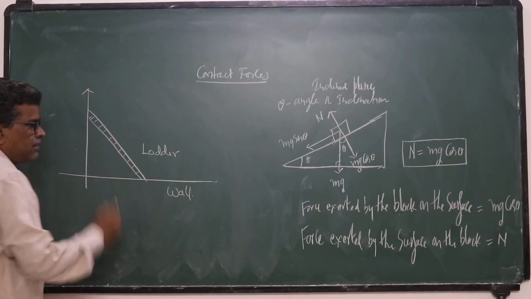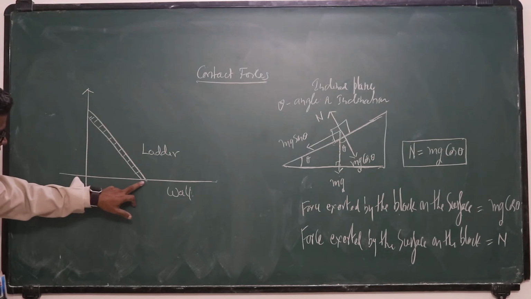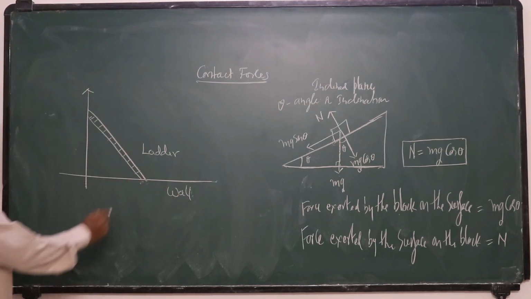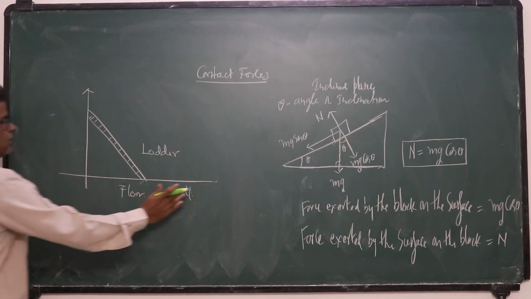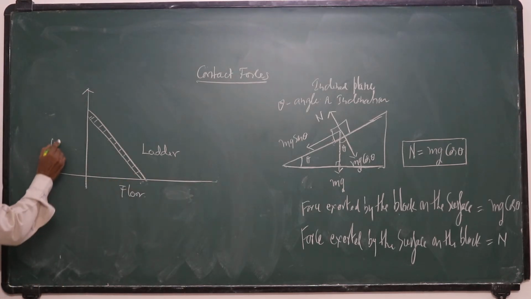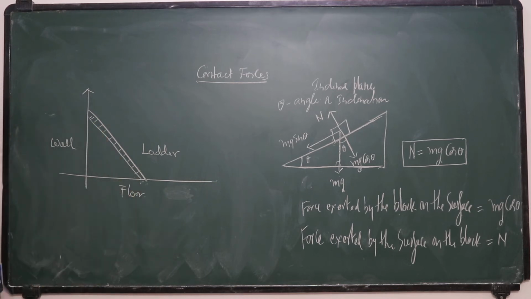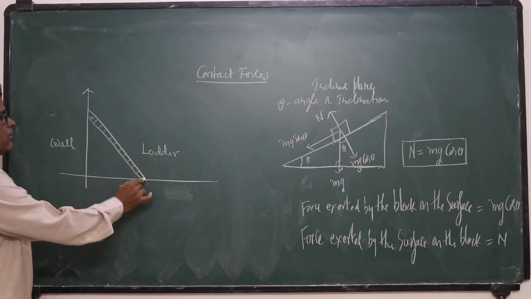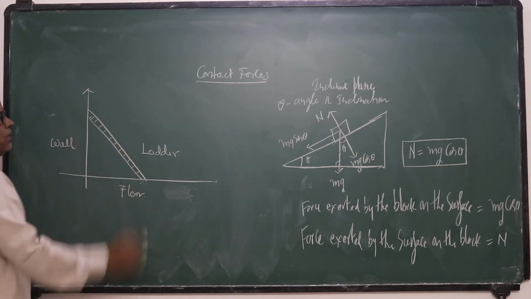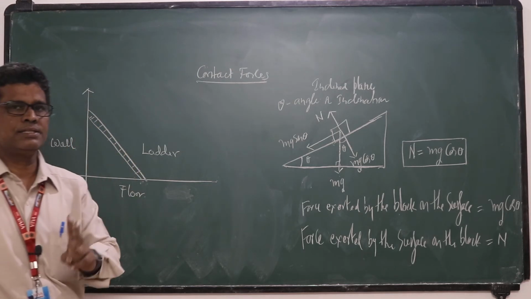Now this ladder is in contact with the floor. Sorry, this is a floor and this is a wall, a vertical wall. Now this ladder is in physical contact with the floor and the wall, so there are two normal reactions here.